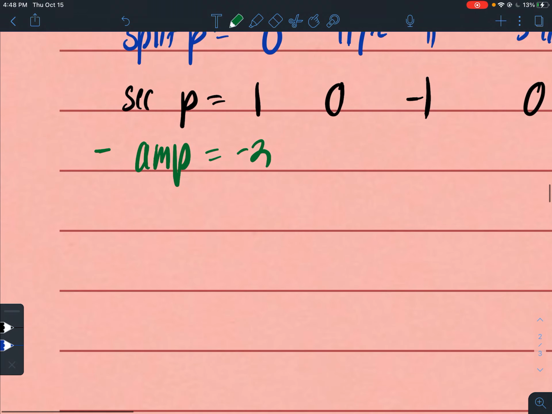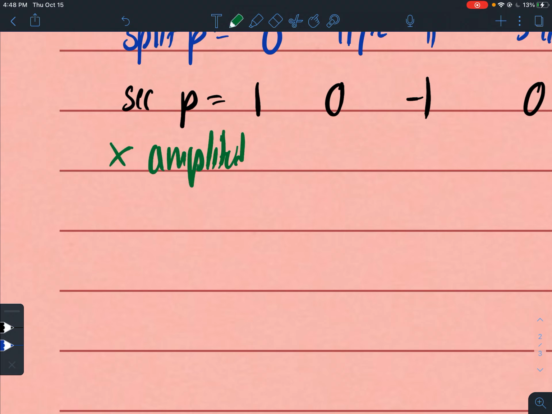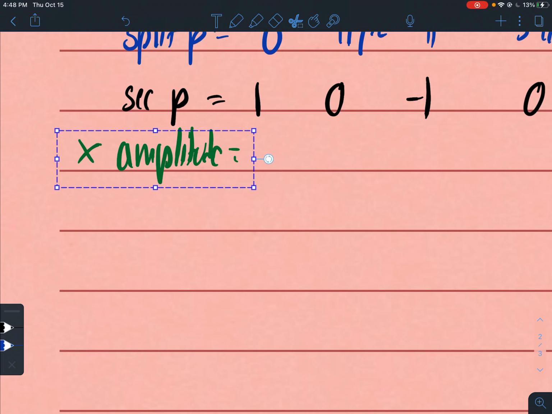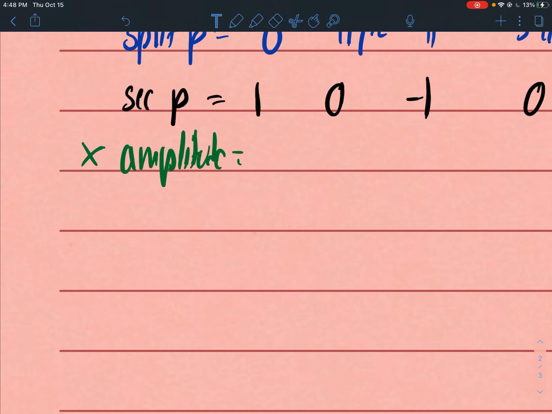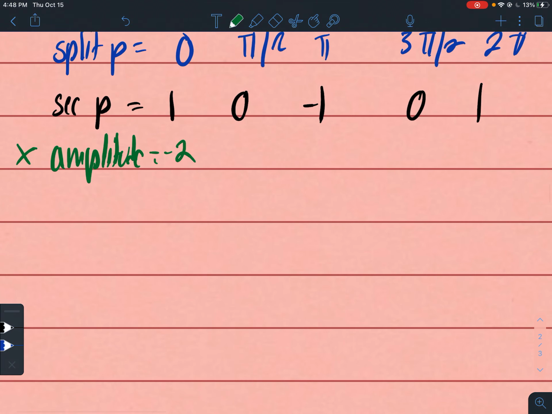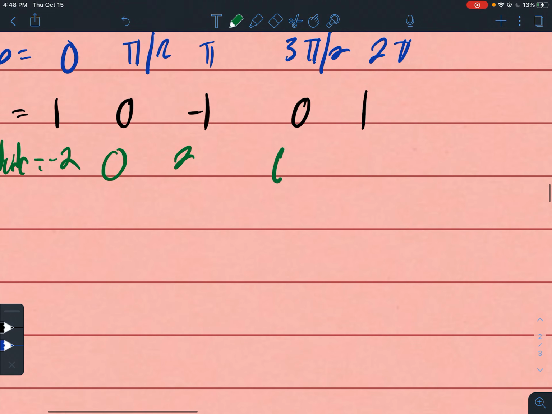No, that's wrong. You can multiply the amplitude. My bad. And that would equal -2, 0, 2, 0, and -2.